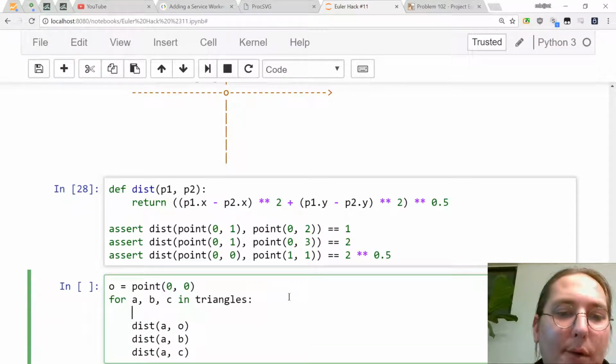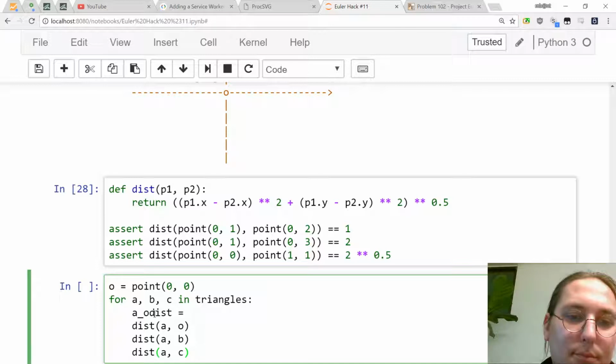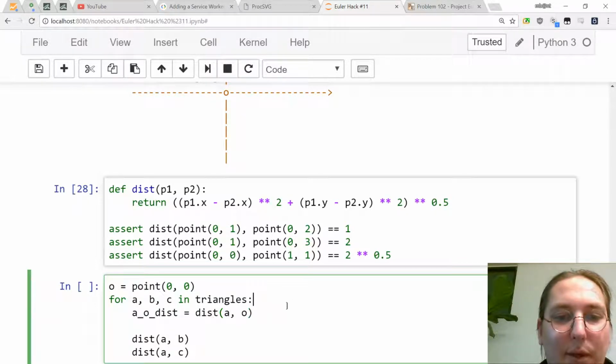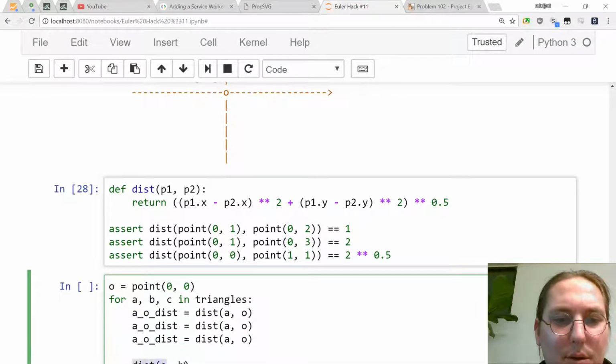So ODist, I guess. Is there any elegant way to do this, or should I just write out each individual thing?